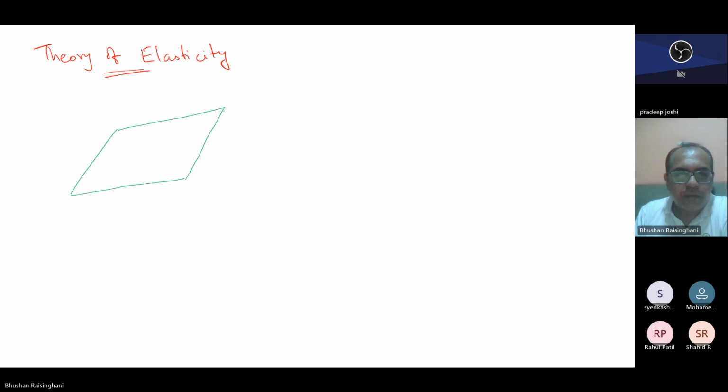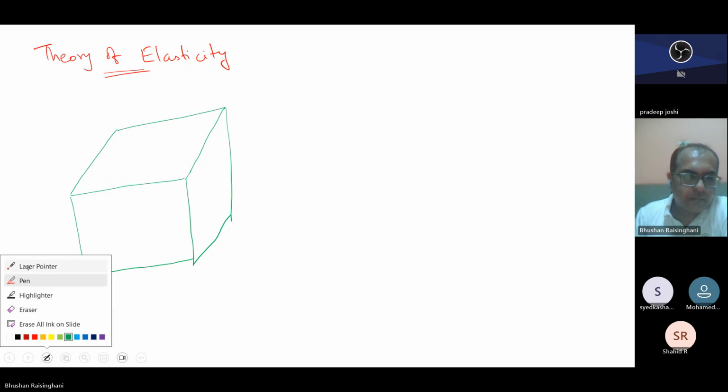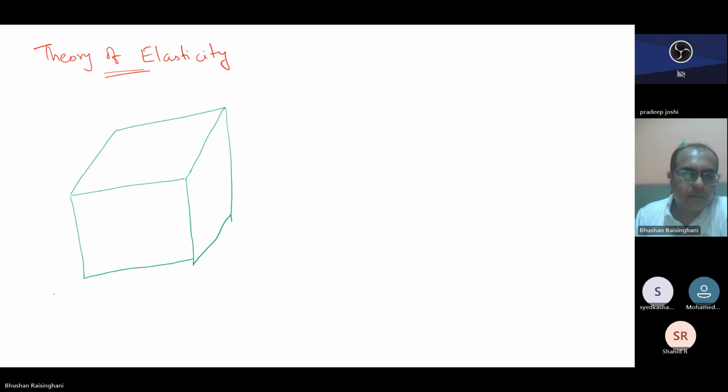This is the element which will have dx length, dy length, and dz as the thickness. Now this is the XYZ coordinate system. This will be X, this will be Y, this will be Z.